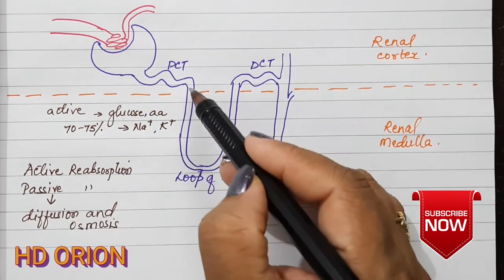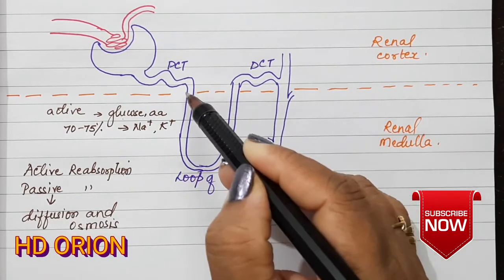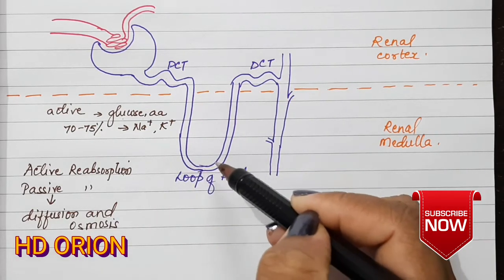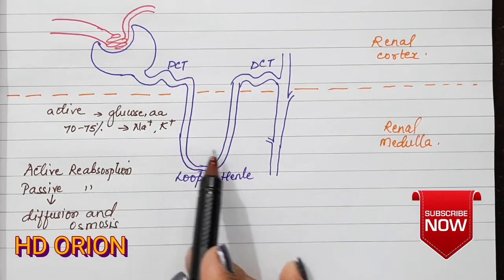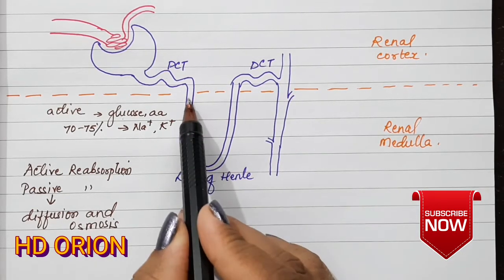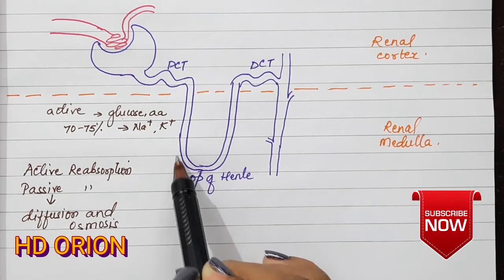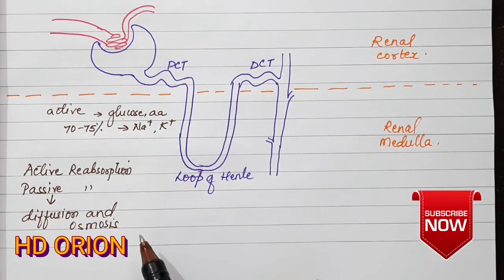Then comes the loop of Henle. We have already studied that there is a descending limb of the loop of Henle and the ascending limb. The thickness of the wall of both the limbs differs. The descending limb is thin and quite permeable to water, while the ascending limb is thick and impermeable to water.